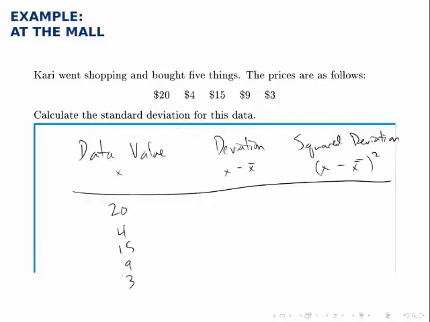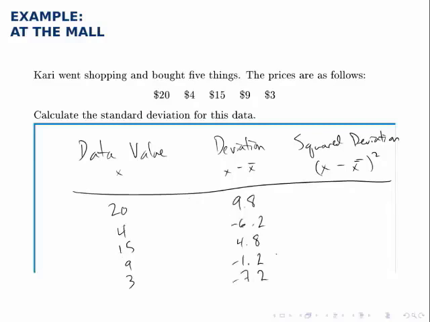We have the data values listed, and we'll calculate the deviation for each one by simply subtracting this number, 20 for instance, minus 10.2, and then 4 minus 10.2, and 15, and so on. And we'll calculate a deviation for each data value. Once we've done that, we square them all.